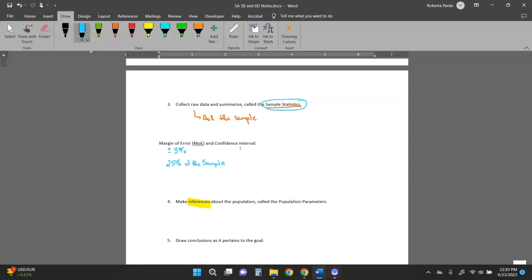So that means this confidence interval is 25% minus 3% and 25% plus 3%. So the confidence interval is going to be between 22% and 28%. This is where the population will fall.